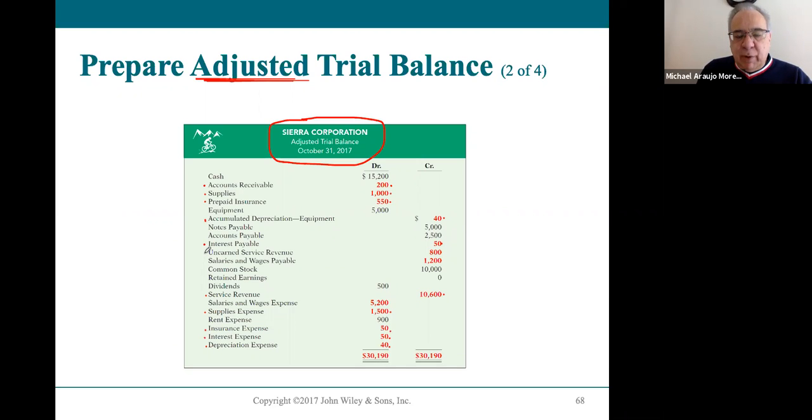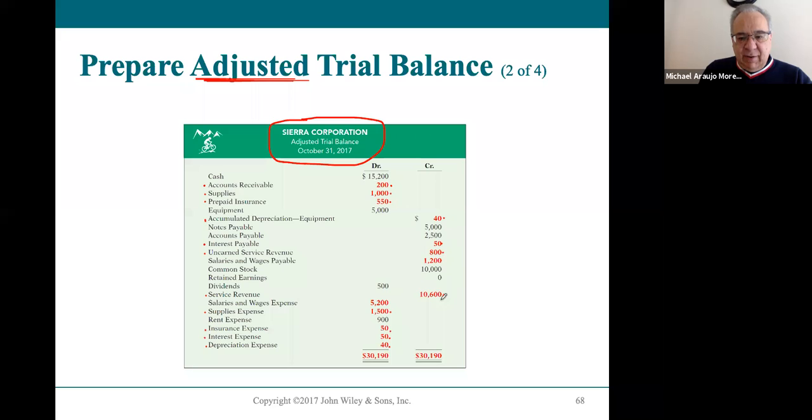This is the other one we were talking about, Adam and I. We see unearned service revenue is also affected. The account balance is now $800. It's in red. How is that affected? Well, that's a deferred revenue. Learning objective 2. We debited unearned service revenue. We credited service revenue.